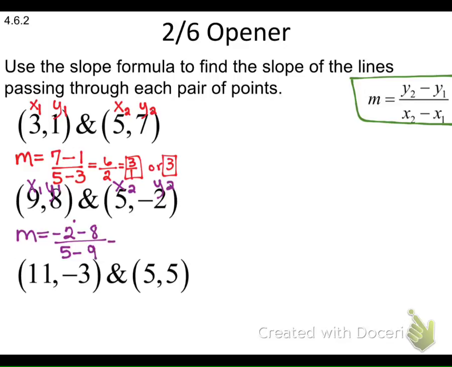Okay, what's -2 minus 8? -10. Use your calculators to help with your positives and negatives. 5 minus 9. 2 negatives equal a? Good. So when I go to rewrite this, these 2 negatives are going to cancel each other out and equal a positive. 10 over 4 can be reduced to what? 5 over 2.